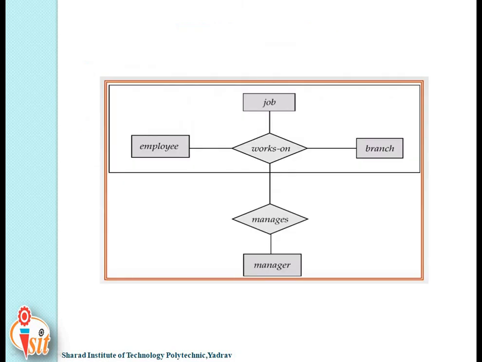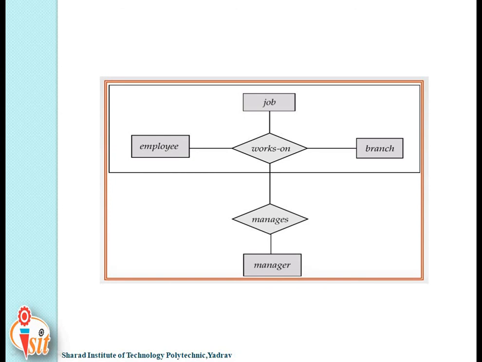Here you can see another example of aggregation, that is, the employee entity and branch entity act as a single entity in the relationship, which is in a relationship with another entity, that is manager.